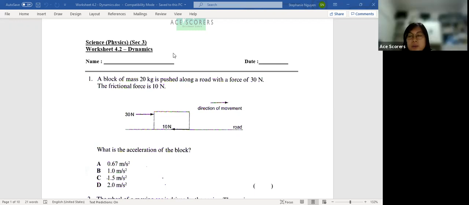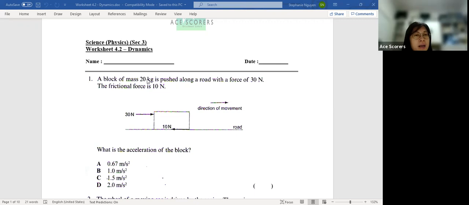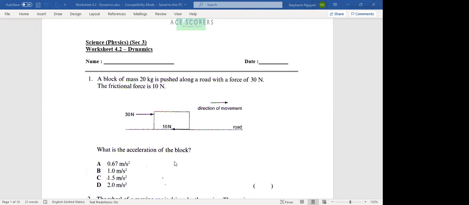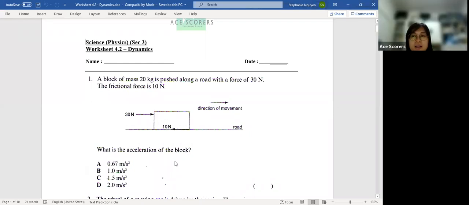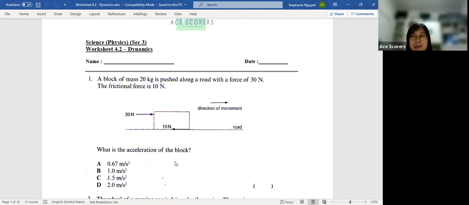Okay, so resultant force is 20. So F equals to MA. So wouldn't it be 20 divided by 20 to find A? Right, Jane? Yeah, so it should be B.